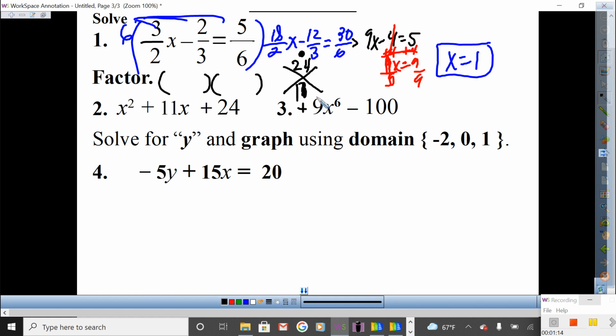What is it? 8 and 3. 8 times 3 is 24, so this is x plus 8, x plus 3. Hands up if you got that? In any order, x plus 3, x plus 8, okay? Pass someone, Sophia.